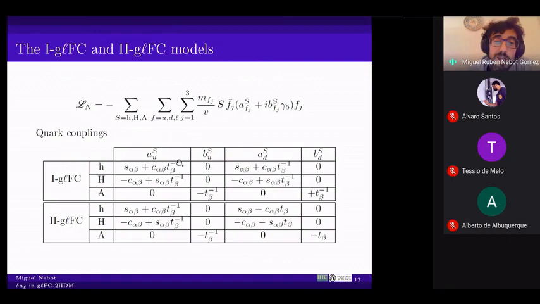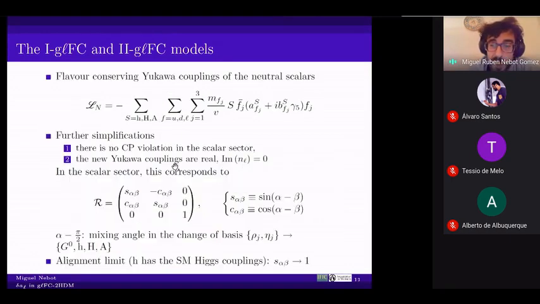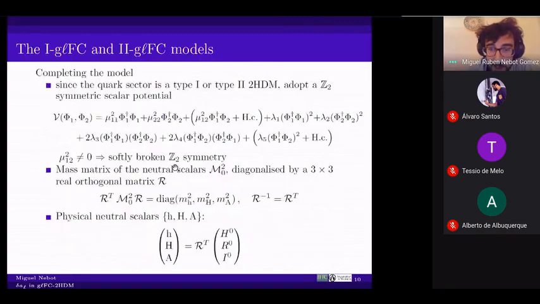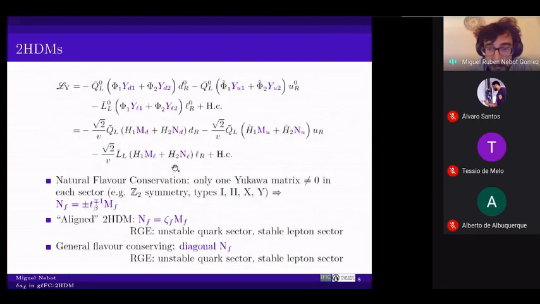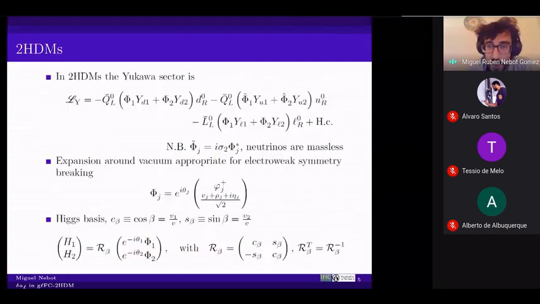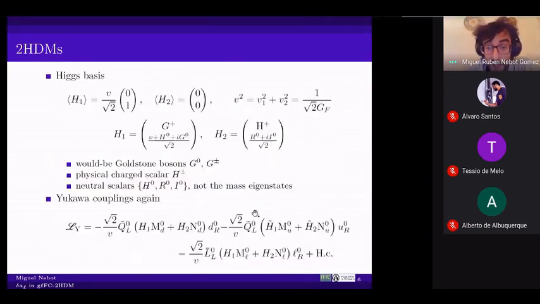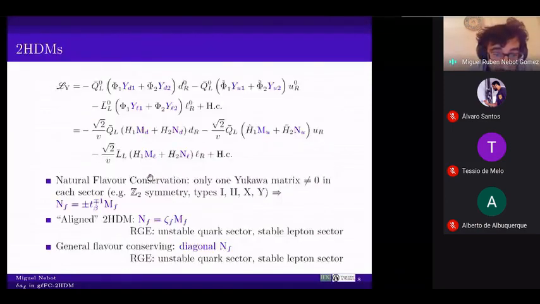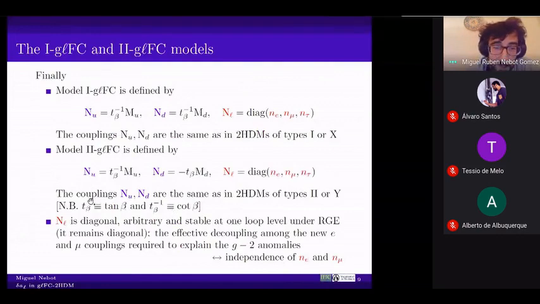You have those mixings and this parameter here, which is, I'm going back because too bad that I have skipped that. Where did I introduce this beta? Well, beta is the ratio of the vacuum expectation values. So this parameter here is the tangent of that. Here it is. Sorry.